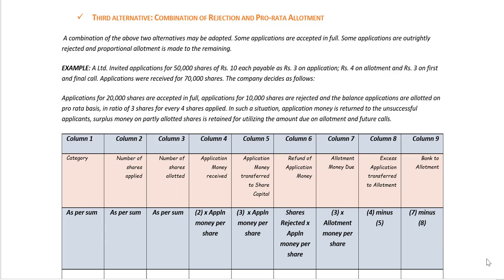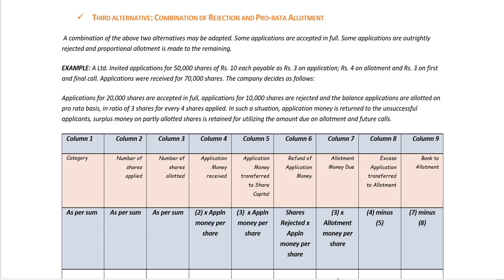We need to understand a very important point over here. We've seen that if the application money is in excess even after transferring to allotment, the excess application money based on the requirements of the question will either be refunded or will be transferred to call.